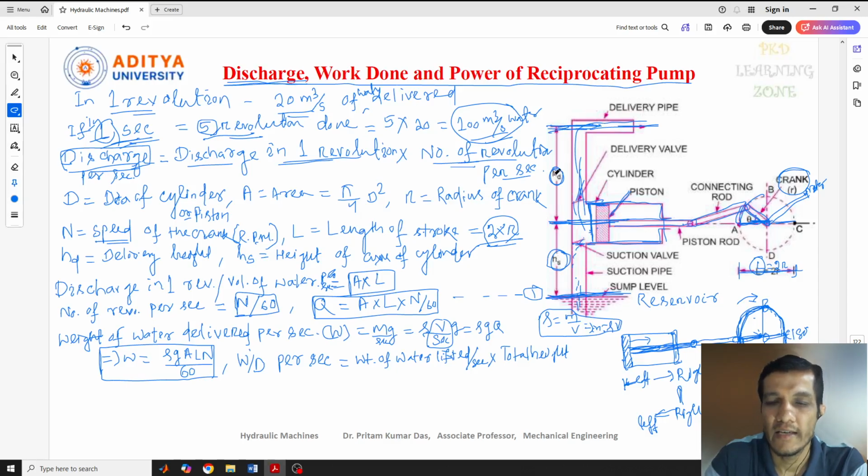HS and HD. So we can write the work done per second as W into HS plus HD, because HS plus HD is nothing but the total height through which the water will be delivered, from the sump level to the delivery point.